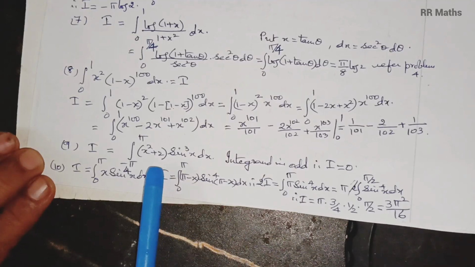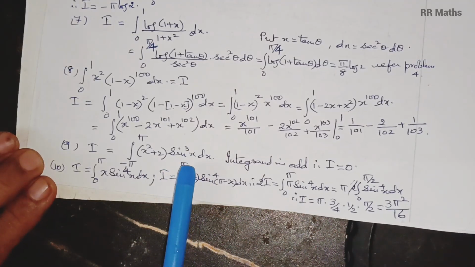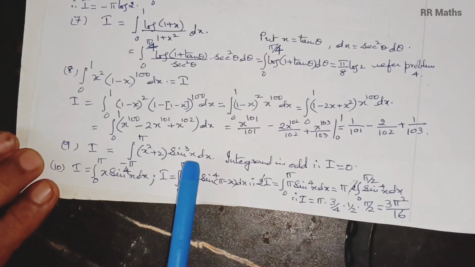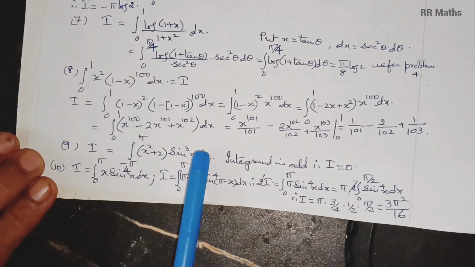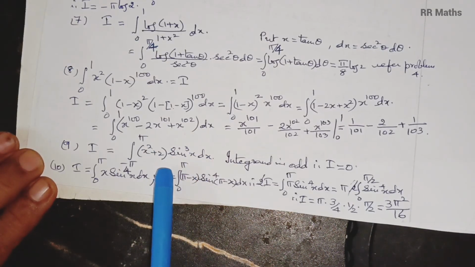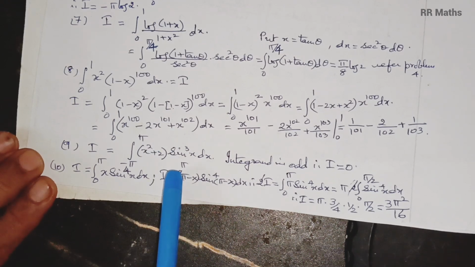Now x squared plus 2 is an even function, and sine cube x is going to be an odd function. Even into odd is always an odd function. Luckily, my limits are varying from minus a to plus a, so you can have a discussion of even and odd functions. When it says odd function, I can rewrite this as the value: it will be 2 times the integral from 0 to a if it's an even function, and 0 if it's an odd function.